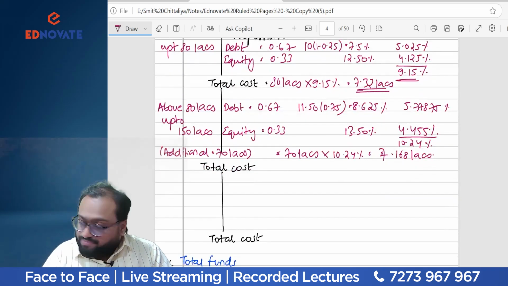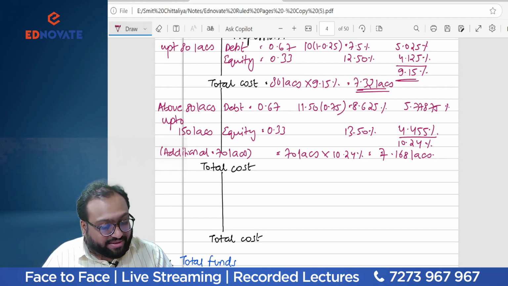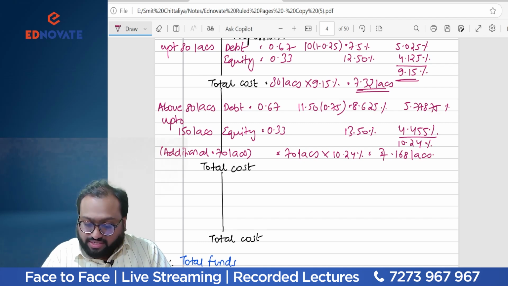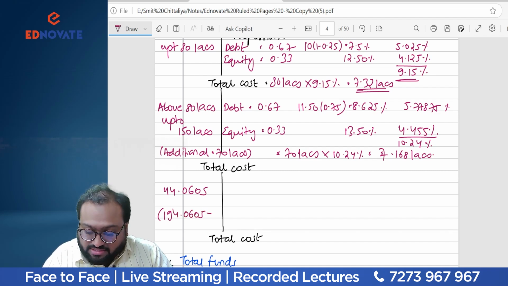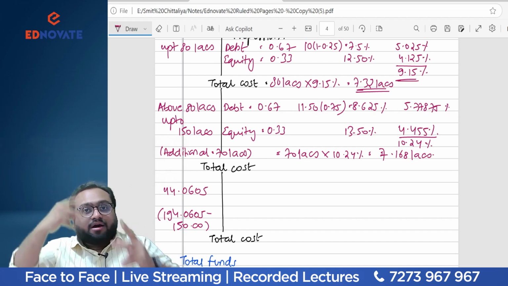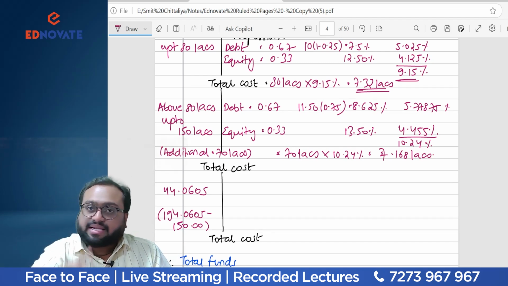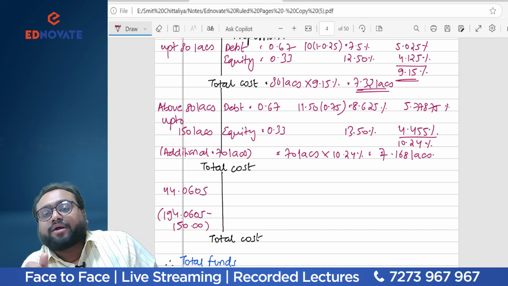So it will be minus 150 lakhs. You will require only the balance 44.0605. Up to 150 lakhs we have borrowed in the earlier 2 slabs: 80 lakhs of the first slab, the second slab of 70 difference, and the remaining difference of 44.0605.